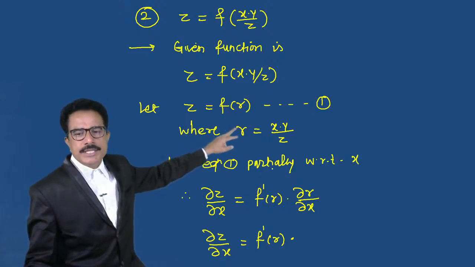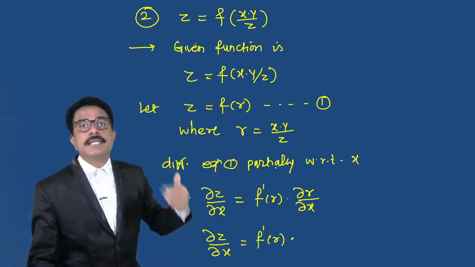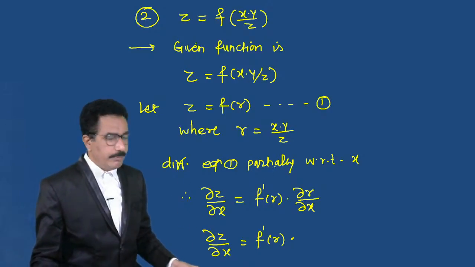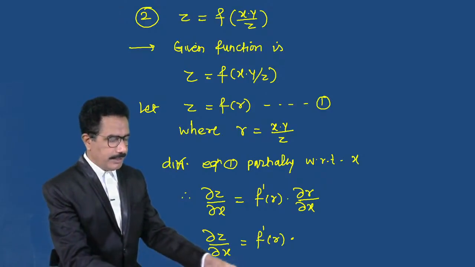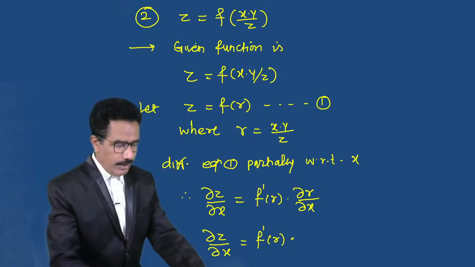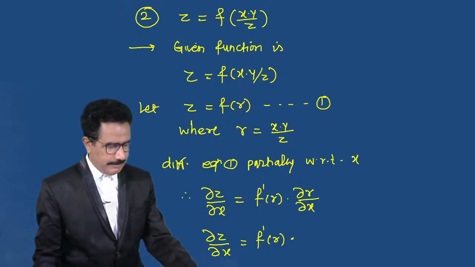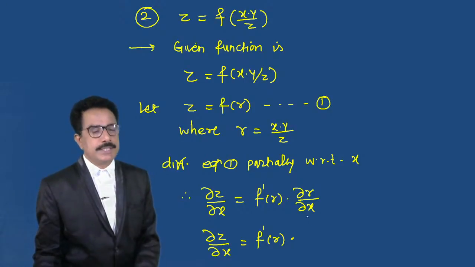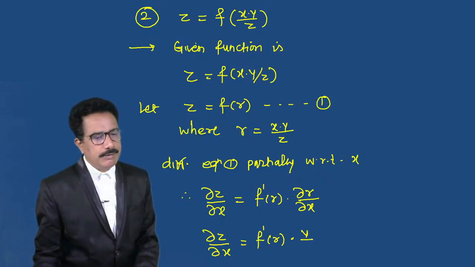If we differentiate r partially with respect to x, then we have to consider the remaining terms as constant. So dou z by dou x with respect to x, we can write that is y divided by z.